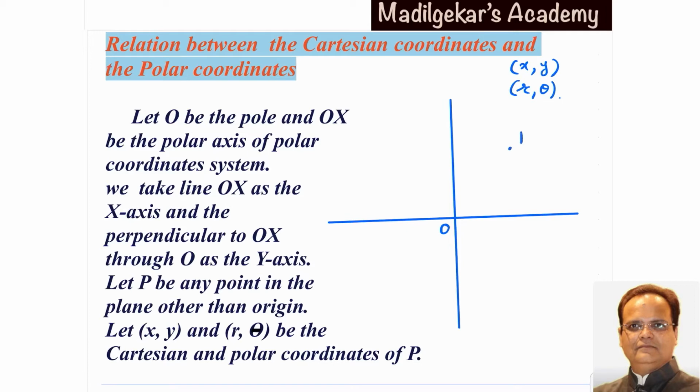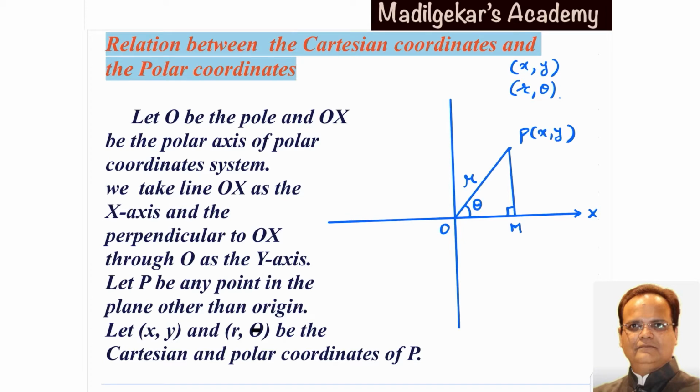Let P(x, y) be any point in the plane. Join OP. Draw a perpendicular from P on the x-axis at M. As we had fixed the length of OP as r and the angle made by OP with the x-axis as theta.